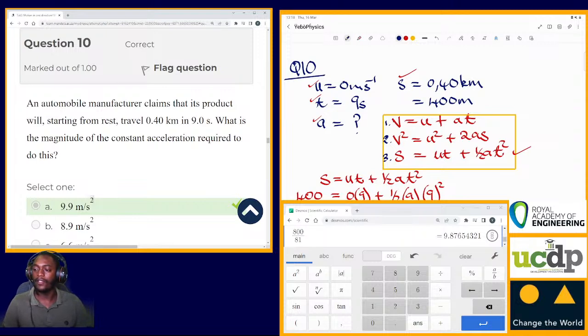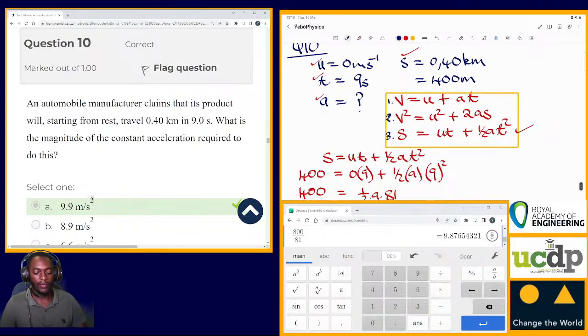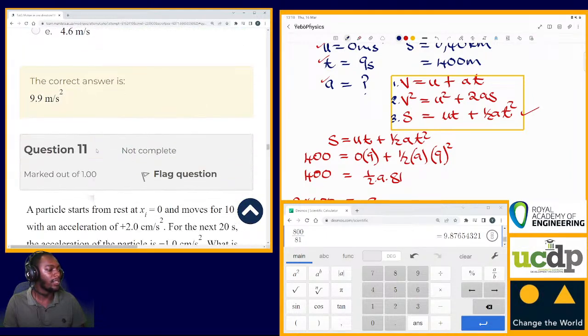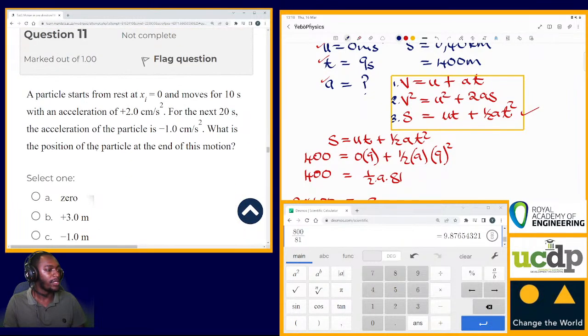Then we identified which quantities we were given and which equation is suitable for the calculation. We substituted into the third equation and got our acceleration of 9.9 meters per second squared. So that should be quite a straightforward one. Let's move on to question 11.